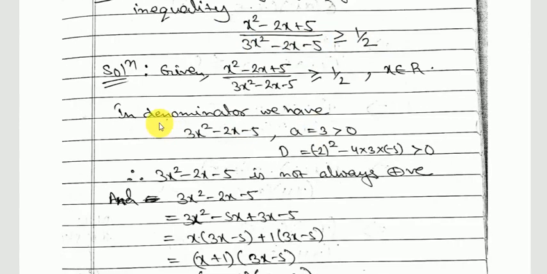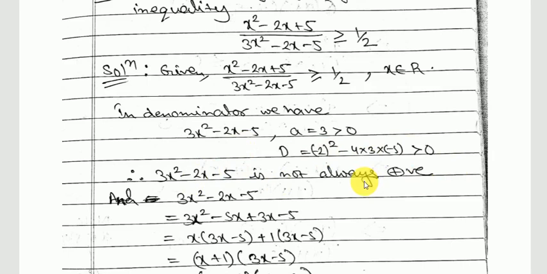So here in denominator we have 3x square minus 2x minus 5, okay, greater than 0, and D is greater than 0, okay. So when we were studying about the sign of the expression, we had seen that whenever discriminant was greater than 0, in that case that expression was not always positive, okay.